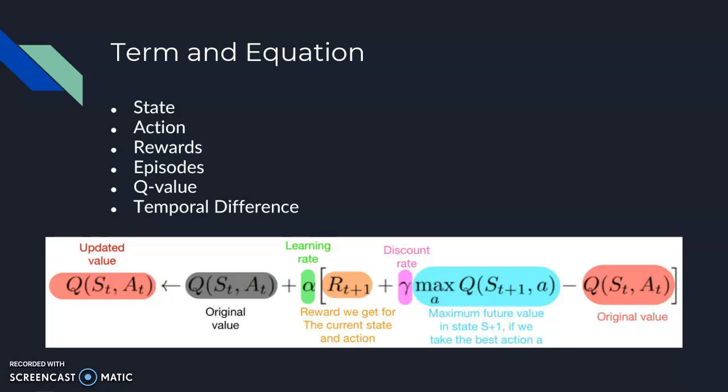The Q value measures the quality of the action performed at the current state. The temporal difference is a formula for calculating the Q value based on the present and prior state and action values.